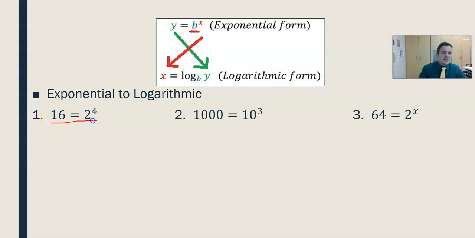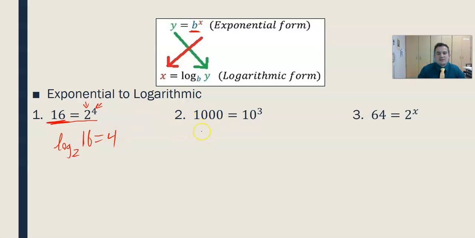So 16 equals 2 to the 4th power. This is my base, this is the result, and this is my exponent. So log base 2 of 16 is equal to 4, which is saying the exponent that I need to put on this base to get 16 is 4. The base of the exponent goes in the base of the log, and the exponent goes as the answer.